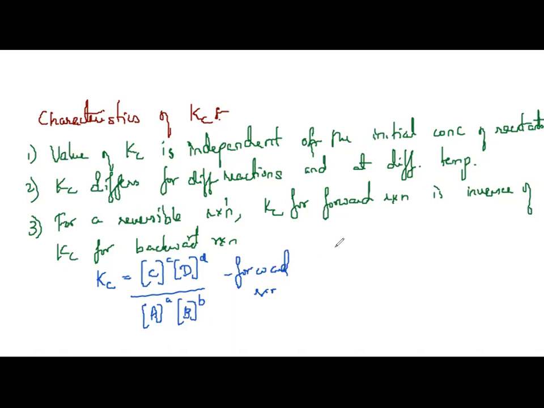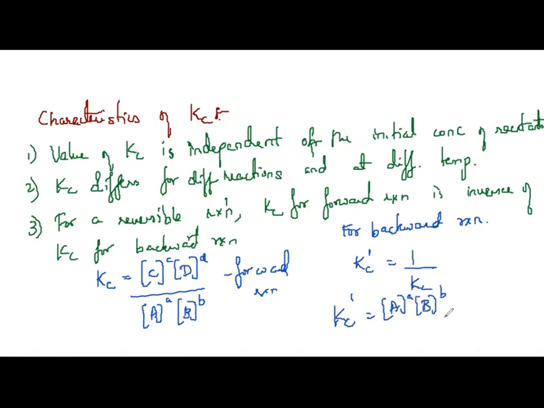Then what will it be for the backward reaction? For the backward reaction, the equilibrium constant will be inverse. Therefore, I will represent it as Kc inverse, that is 1 by Kc. Kc inverse can be written as the product of molar concentrations of the reactants to the product of molar concentrations of the products.